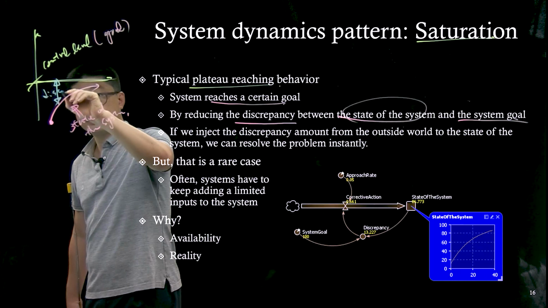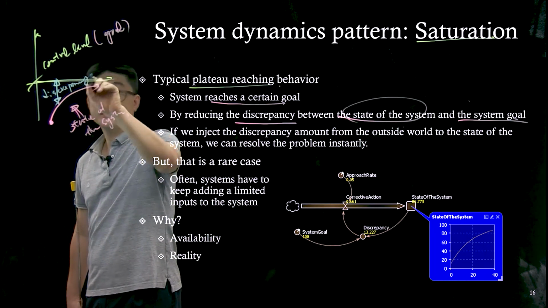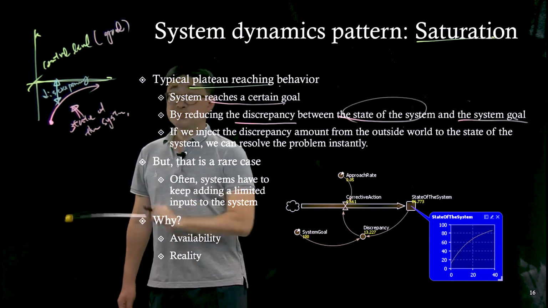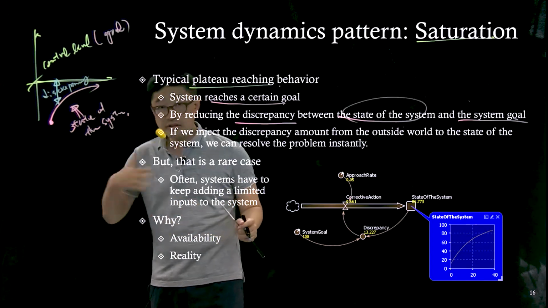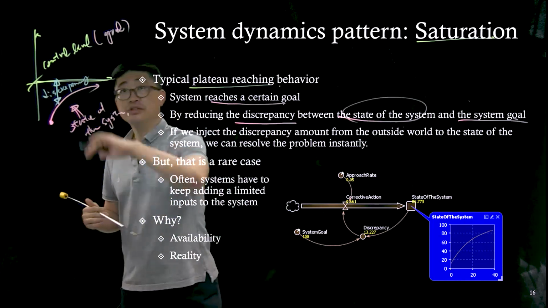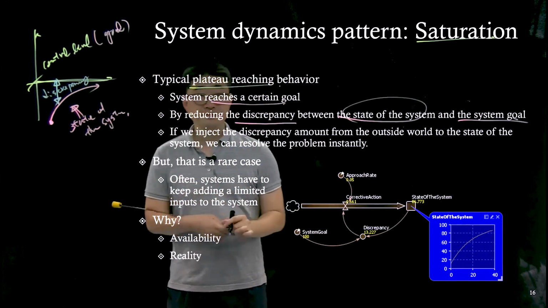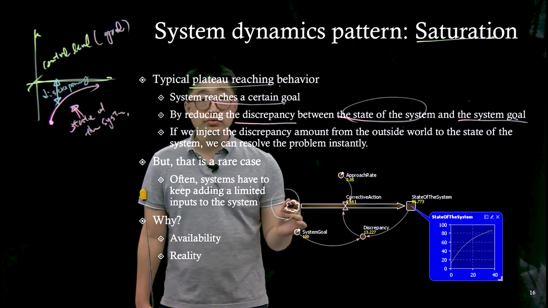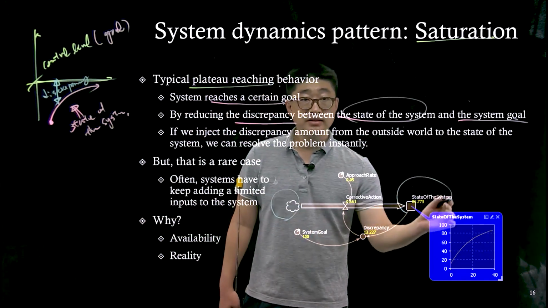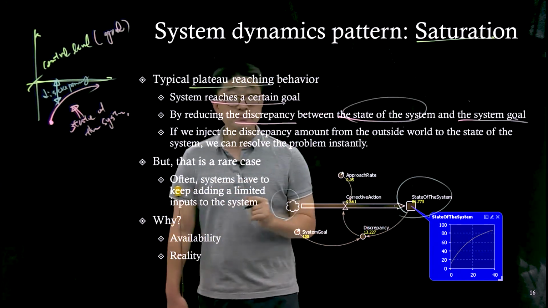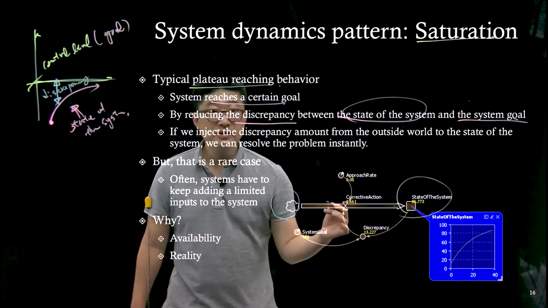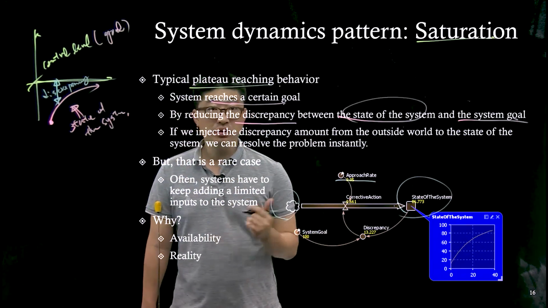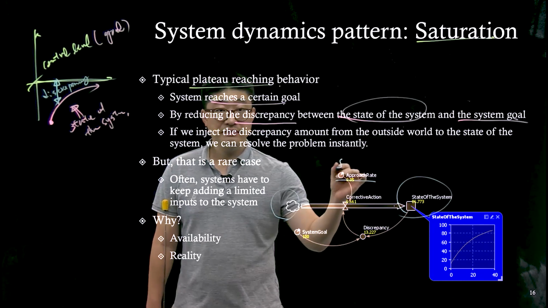This is the discrepancy, right? So by injecting this discrepancy level over time, we can approach this control goal. Then how is it modeled? From the outside source, we are going to add to the stock, the state of the system, at the approach rate, how quickly it is going to approach. Let's say it is 5%.